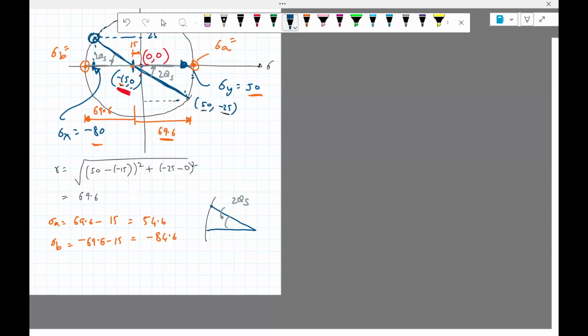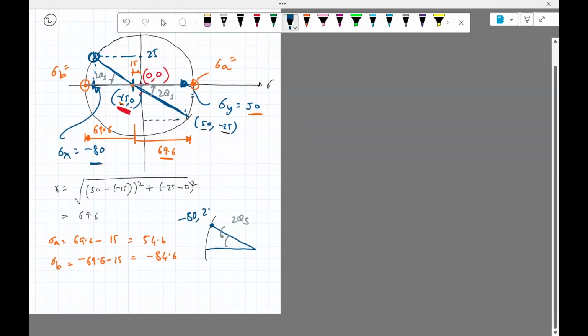Okay, I kind of know this point. This point is known. It is minus 80 for the sigma axis, and for the y-axis it is 25.